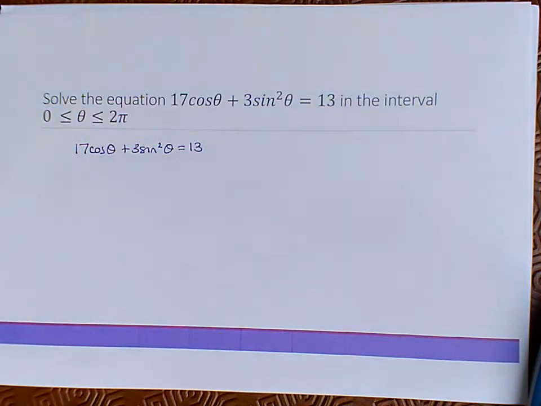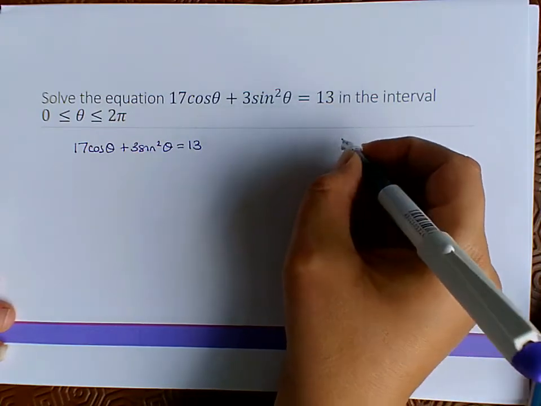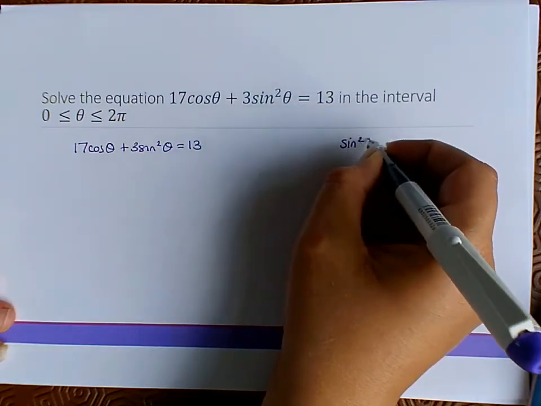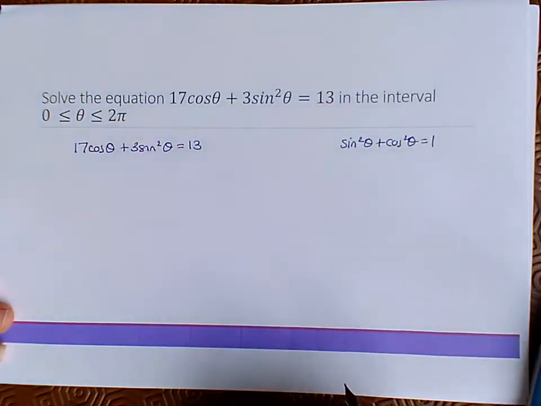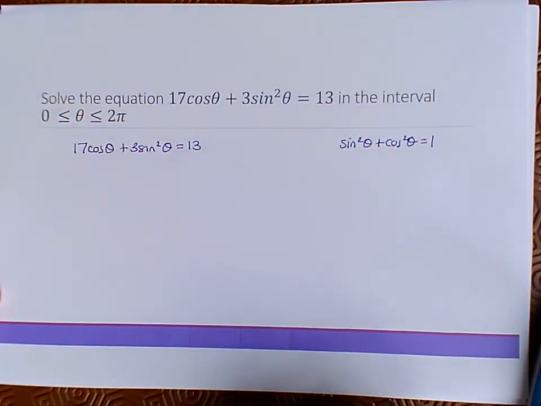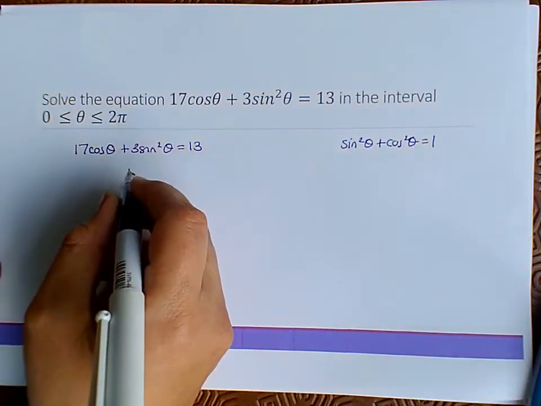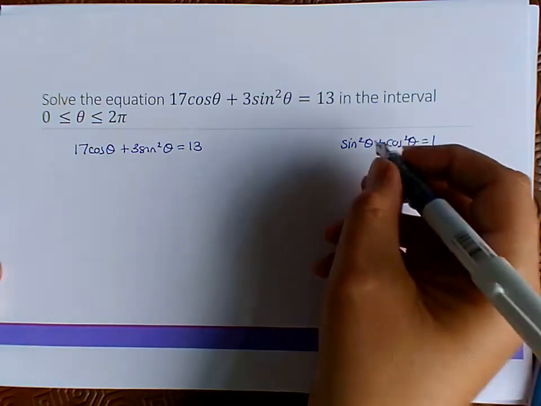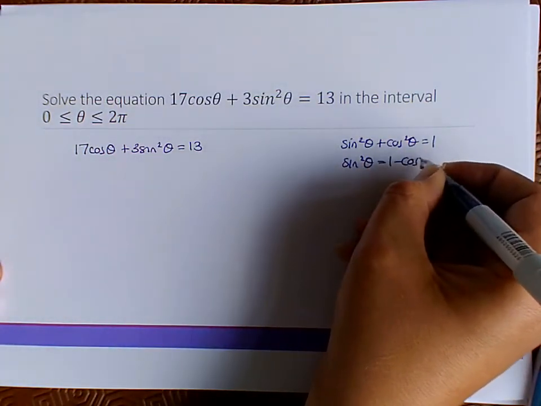So I want it all really cosines or all sines. The identity which you should know that links them is sine squared theta plus cos squared theta equals 1. And sine squared theta is therefore, if I rearrange it, 1 minus cos squared theta.